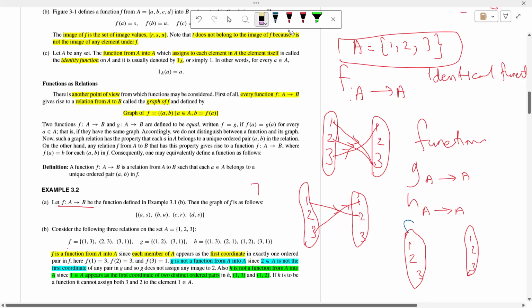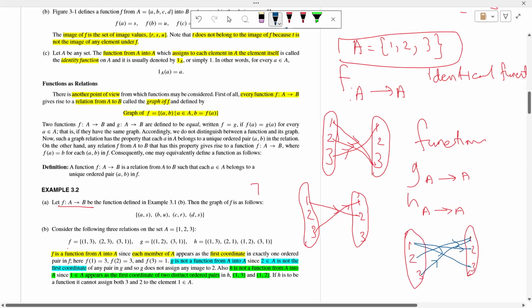Domain element 1 has a relation with 3, domain element 2 has a relation with 1, domain element 1 has a relation with 2, and domain 3 has a relation with 1, right? Now tell me, is it a function or not?